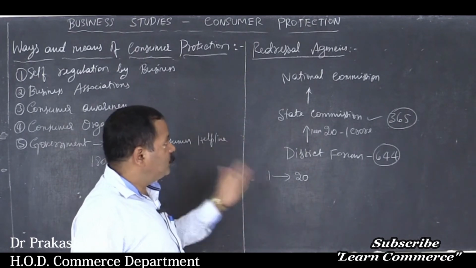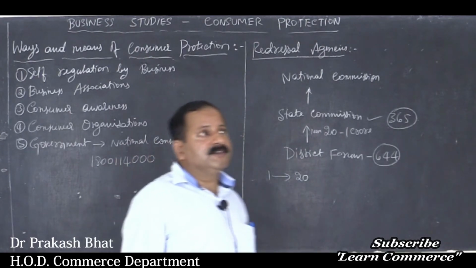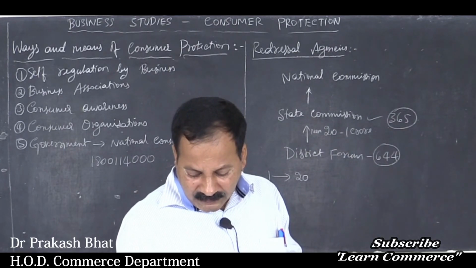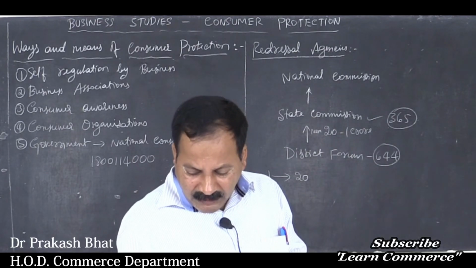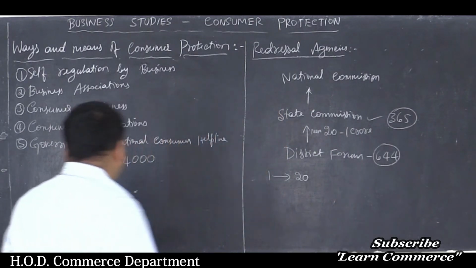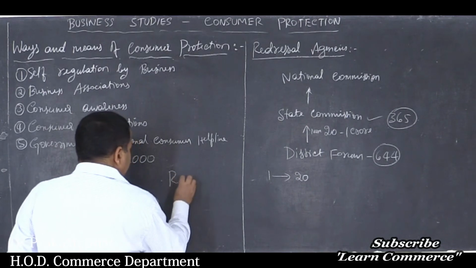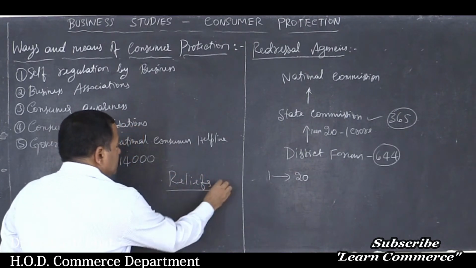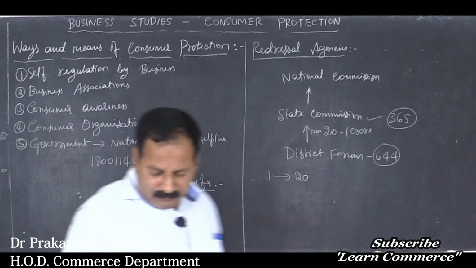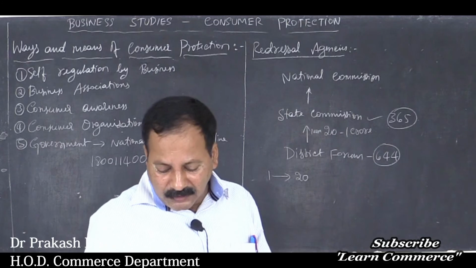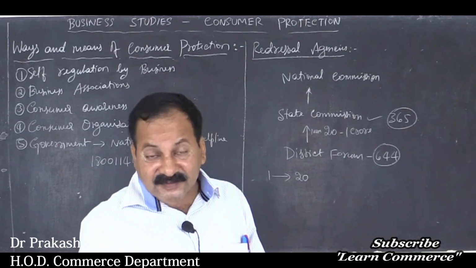So that is about the redressal agencies that are operating in the country. Let's move on to the reliefs available. What are the reliefs that are available to the parties? First one is to remove the defect in goods or deficiency in service.